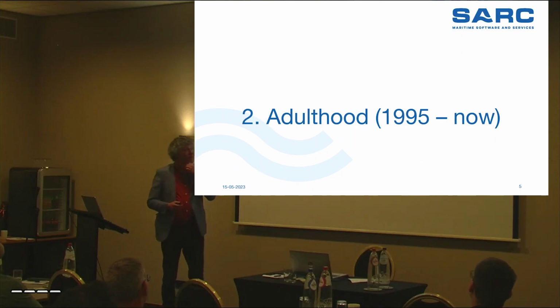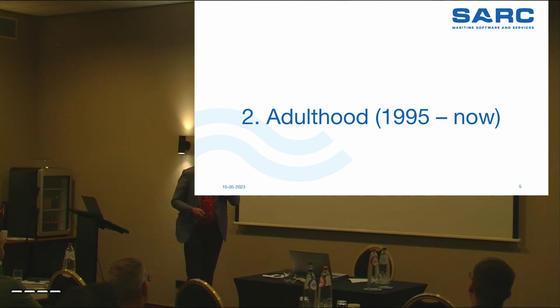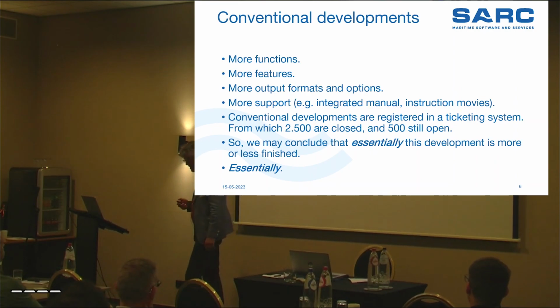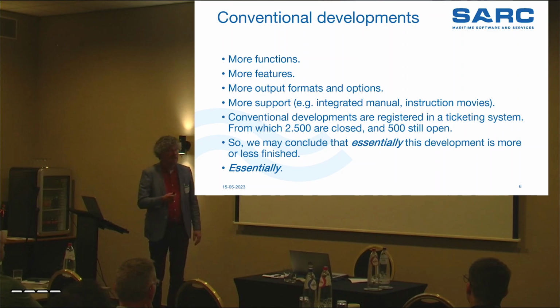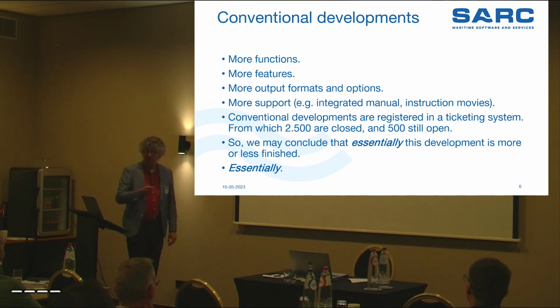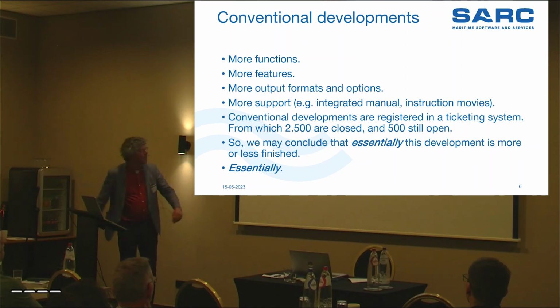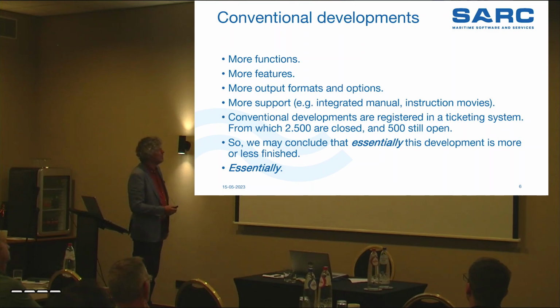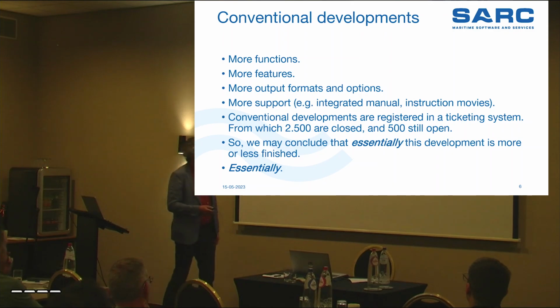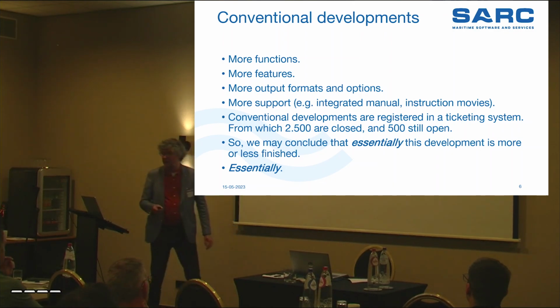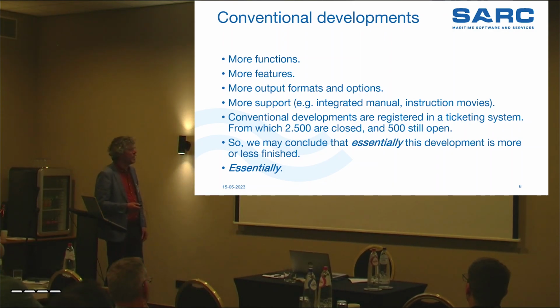So about 15 years later, PIAS came into its adulthood, with more functions, more features, more output formats, more options, more support. For example, the integrated manual and the instruction movies we have been discussing today.